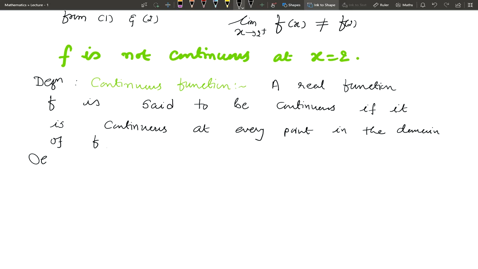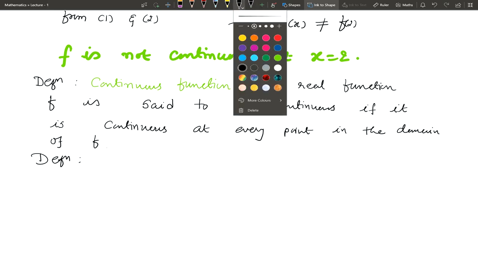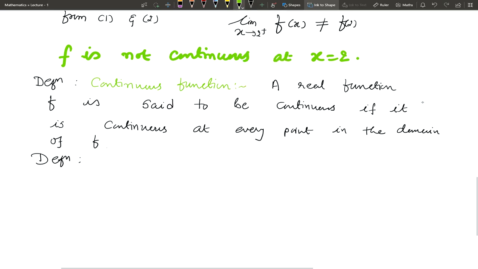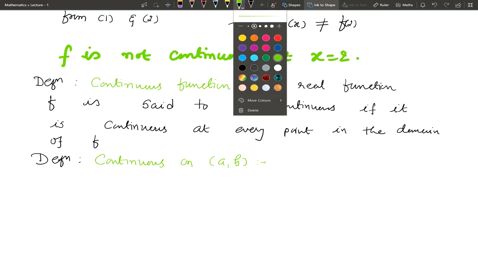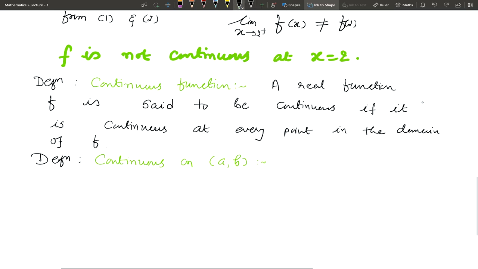So next definition, continuous on open interval a comma b. So as usual, let f be a real valued function.